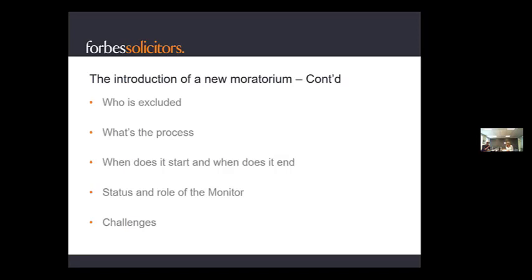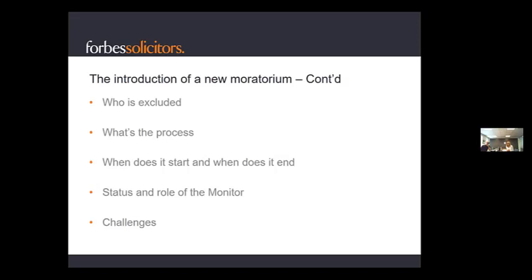As I've noted, the monitor's consent is required for the directors to undertake certain transactions. Otherwise, the day-to-day running of the business of the company remains with the directors, therefore making the moratorium a debtor in possession process and not a director-led process. The monitor must terminate the moratorium in certain circumstances as described earlier.